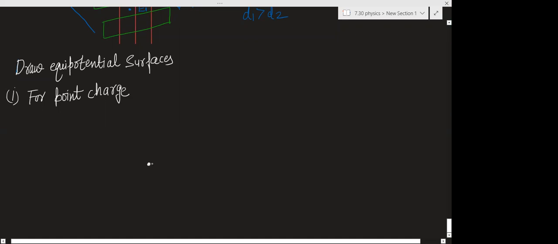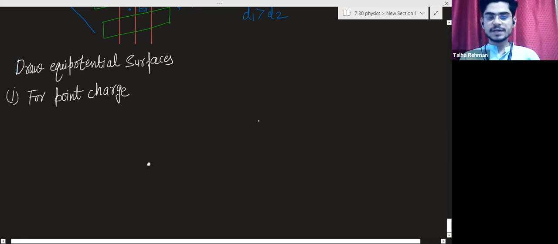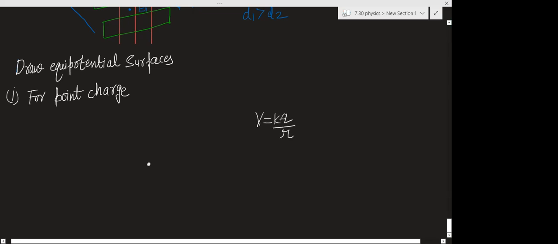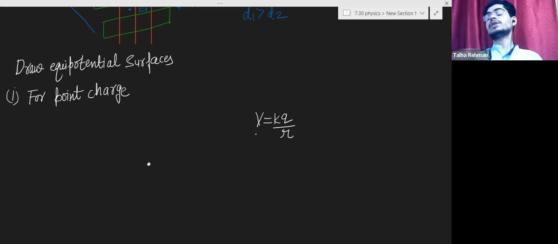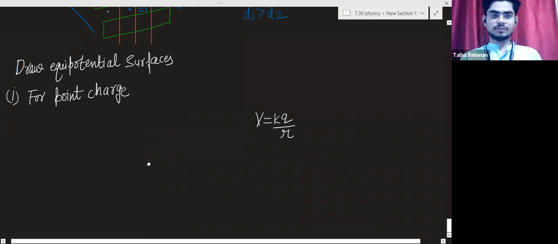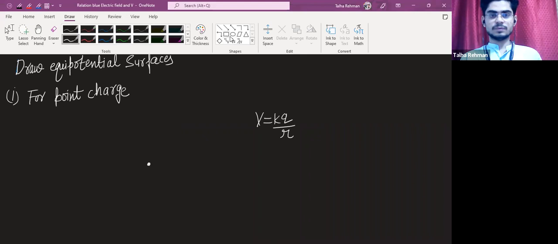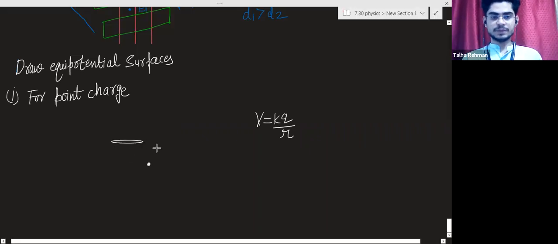Now you can imagine what is the potential at any point due to this point charge. KQ by R. K is same, charge is same, R is the distance. So you can imagine a sphere of radius R. That will be the equipotential surface.